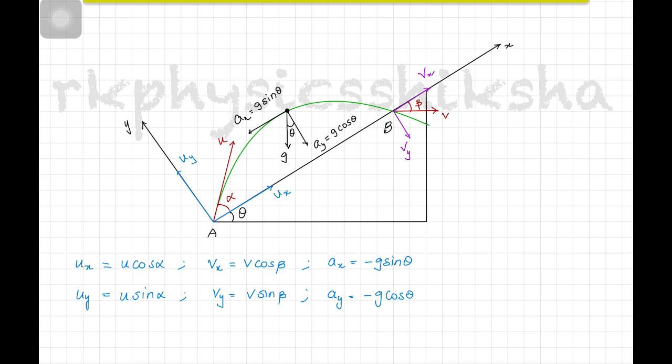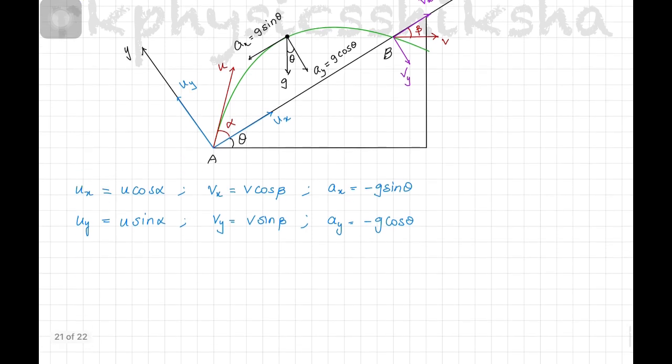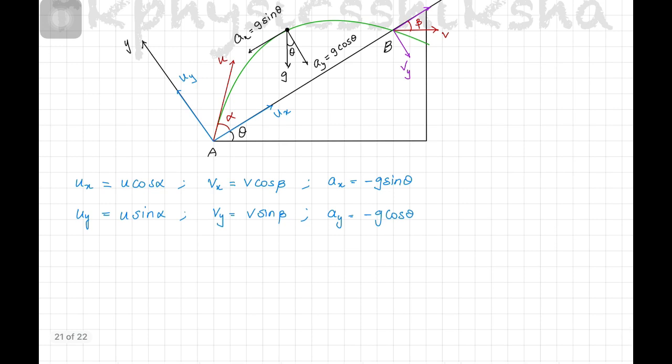Next, what do we have along the x-axis direction? For the journey from A to B, the vertical component of the displacement sy will always be 0, and sx is equal to the range of the projectile.